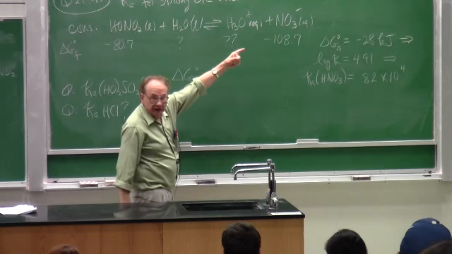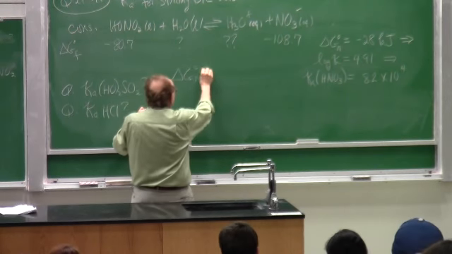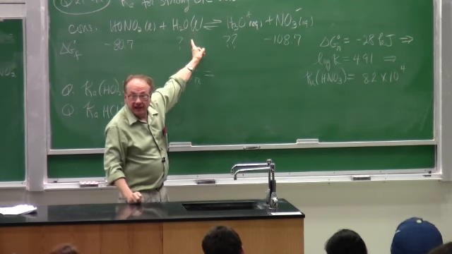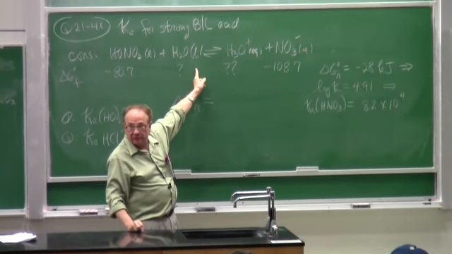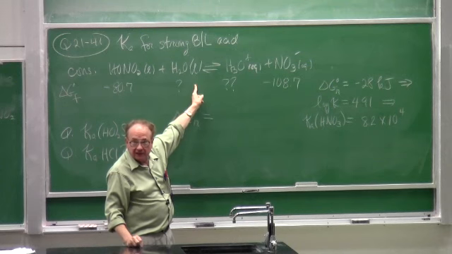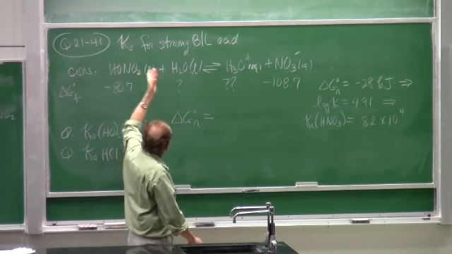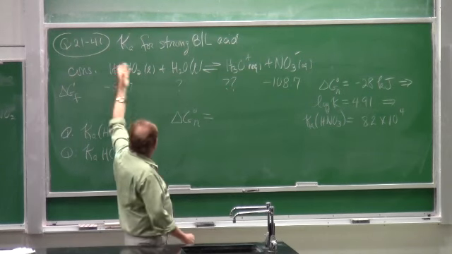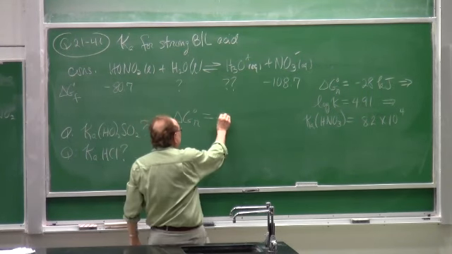Here's the ionization reaction. And if I'm going to consider this ionization reaction at equilibrium, I'm going to have Ka. K for this equilibrium reaction is Ka for nitric acid, because it shows the acid in question reacting with water to make hydronium ion and, of course, the conjugate base of the reacting acid.